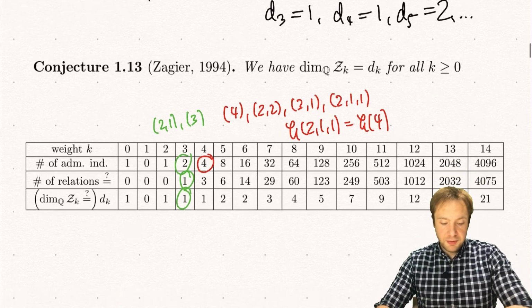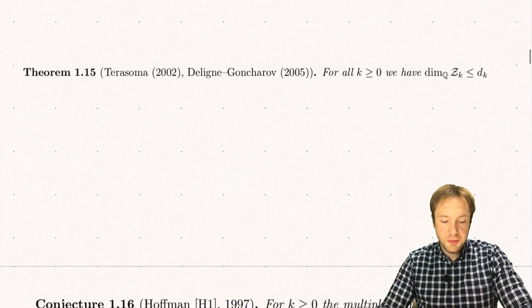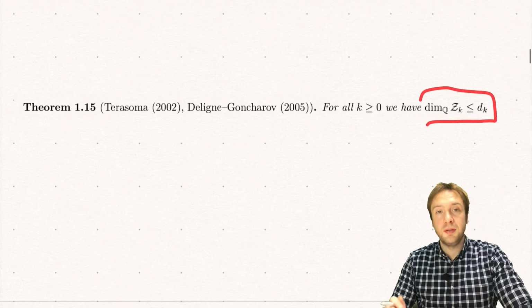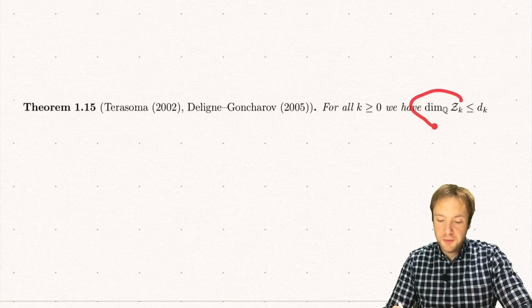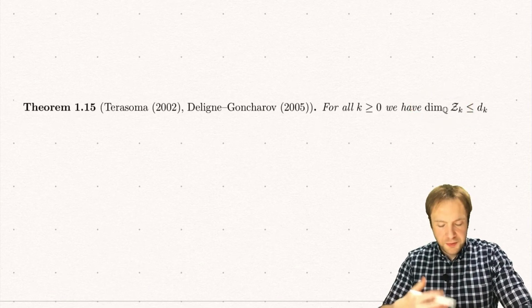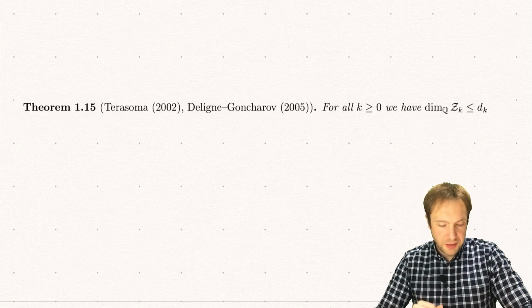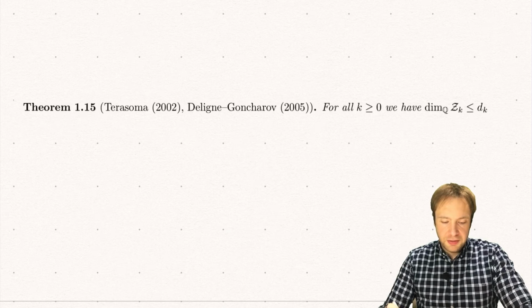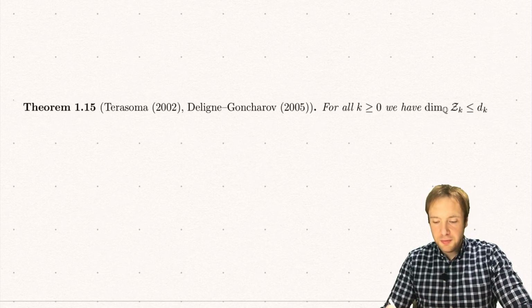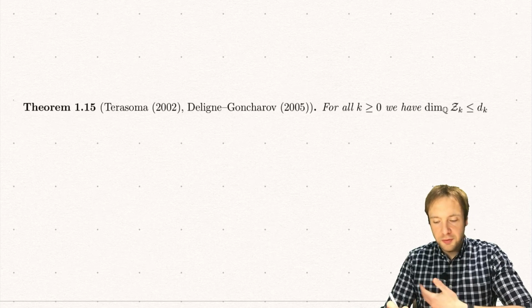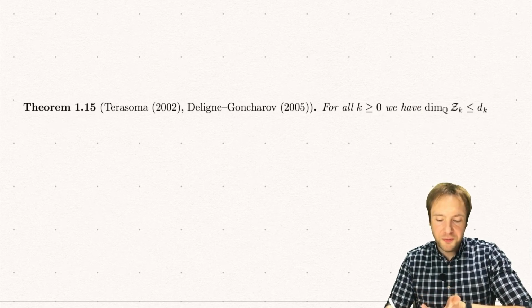But a deep result, due to Terasoma, Deligne, and Goncharov, states that this number dk always gives an upper bound for the dimension of Zk. And this uses some deep algebraic geometry and mixed Tate motives, and is quite complicated, and so far there's no easy proof of this fact.